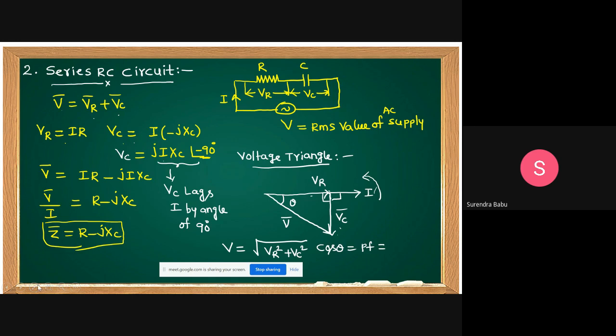How to define cos theta? Yes, here it is a right angle triangle. Is it VC by VR? Sorry, for cos theta, how can we write? VR by V. Then tan theta equal to VC by VR.